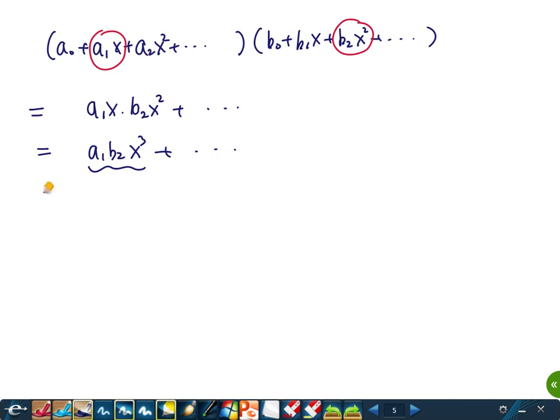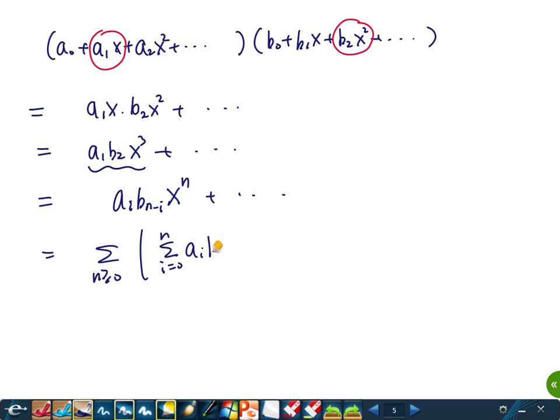There are many different ways to select this, but if you have chosen ai, the other coefficient here must be this. Eventually, if you collect these together, then you will get something like this. So this is a very natural definition.